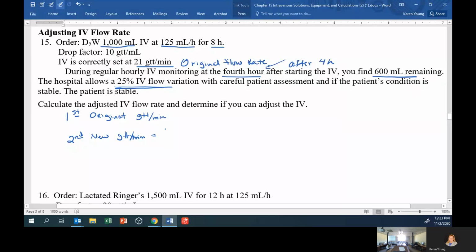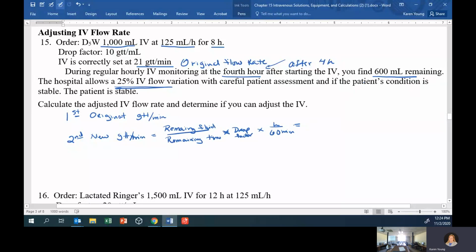To find the new flow rate, we use our remaining fluid over our remaining time, times our drop factor, and then times our hour over 60 minutes if we need it.